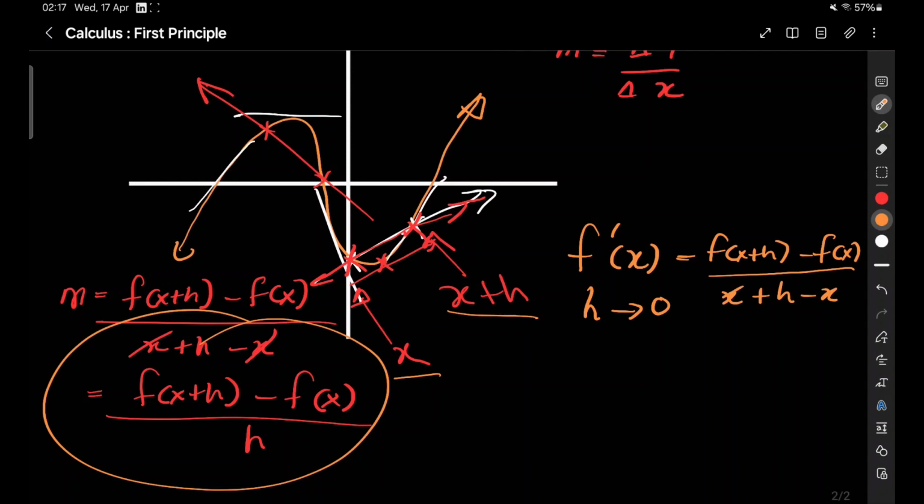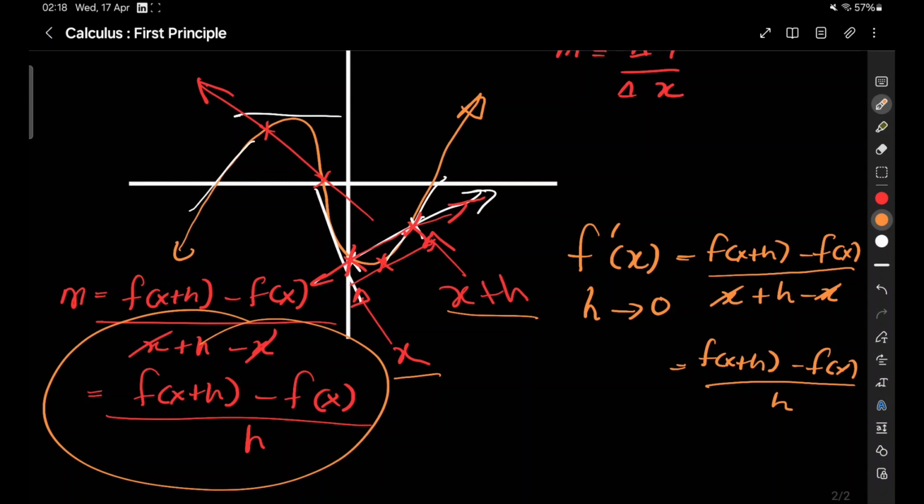But now we know that these x's are going to cancel each other, and what we have remaining here is f of x plus h minus f of x, all that over h. And if we were to substitute the h at this point, then our derivative will be undefined.